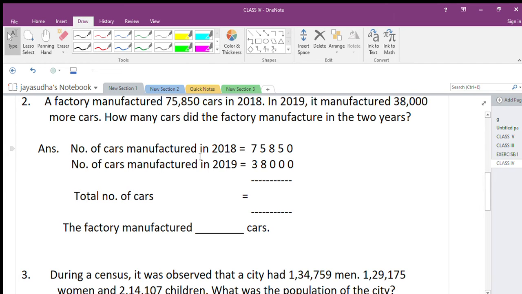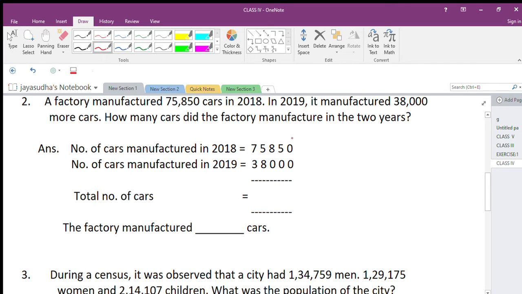How many cars? 75,850. Number of cars manufactured in 2019. How many cars? 38,000. Now total number of cars means you have to add the numbers.